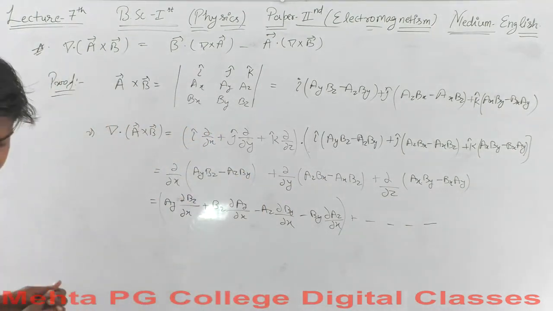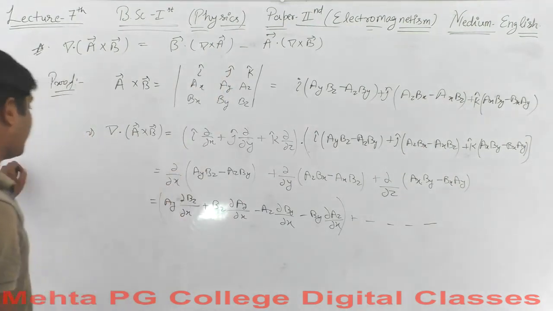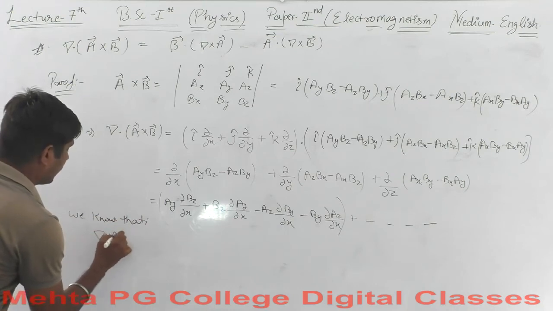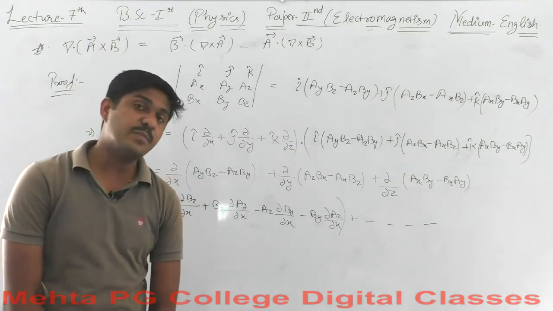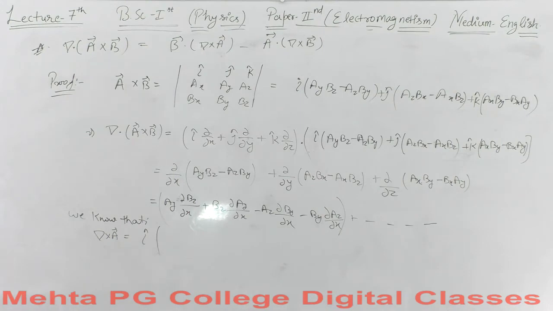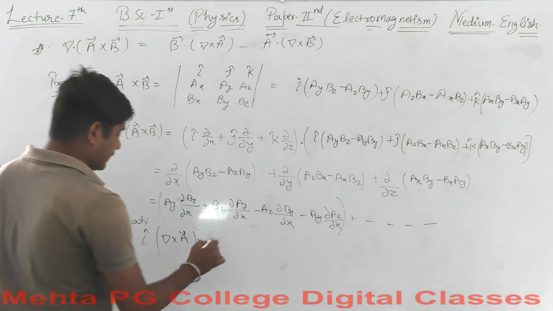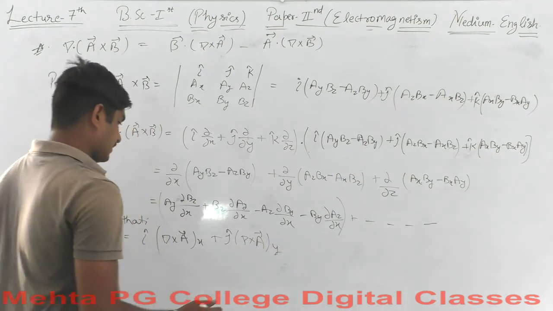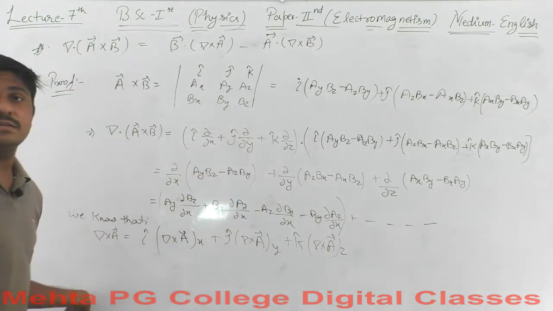So for all those 12 components, you can say that del cross A, we know that del cross A will be equal to the component for i cap, the component for j cap and the component for k cap: i cap del cross A, the x component, plus j cap del cross A, the y component, plus k cap del cross A, the z component.